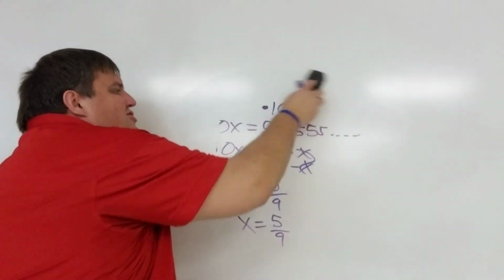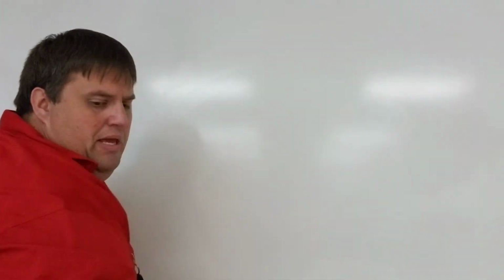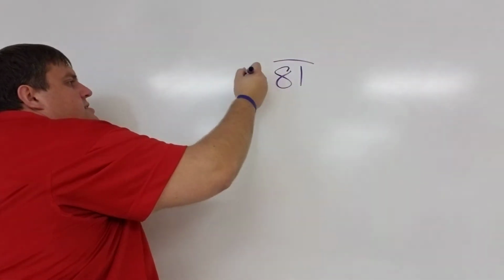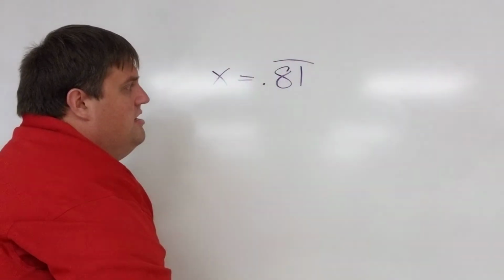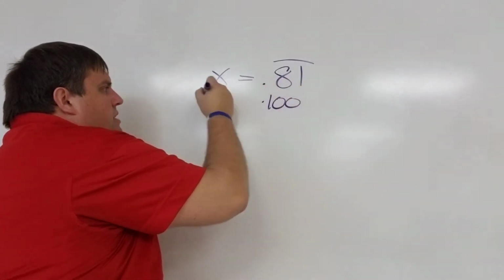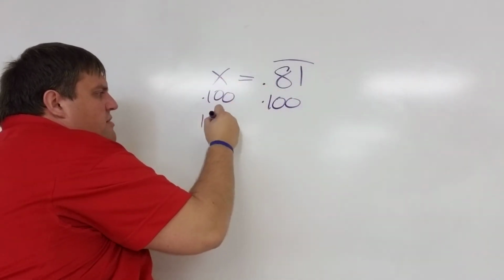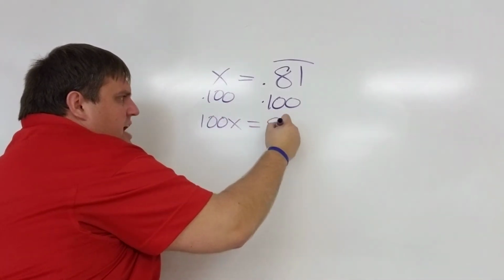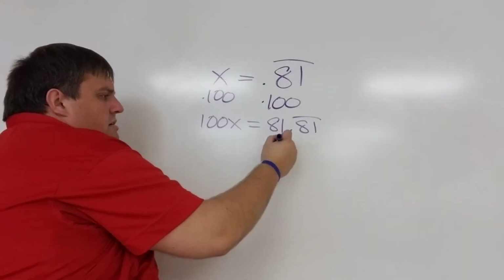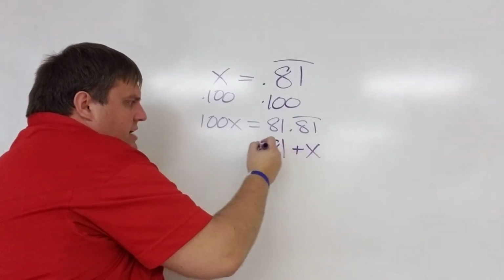Number 31 is just like that one because it also repeats. 0.81. Set it equal to x. 2 digits repeat, so this time we got to multiply by 100. That's going to give you 100x equals 81.81 repeating. Rewrite this as plus x.